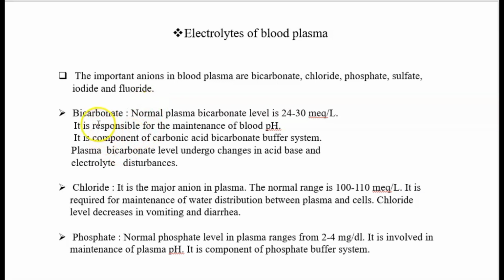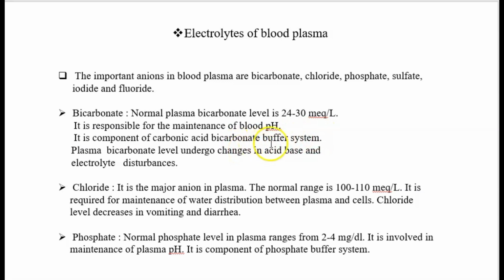And then we look at the range of bicarbonate. In normal plasma, the bicarbonate level is 24 to 30. And it is responsible for maintenance of blood pH. It is also a component of the carbonic acid bicarbonate buffer system.